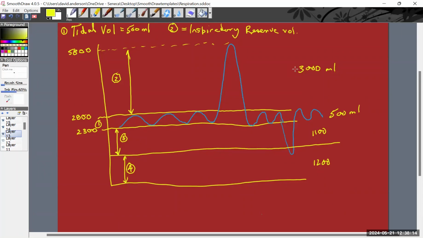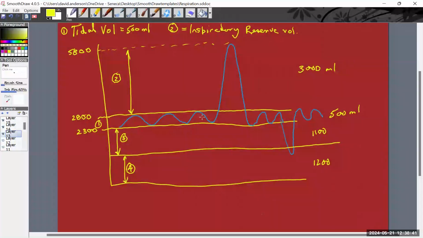But all I want you to understand at this point is if I was to ask you what the inspiratory reserve volume represented, it's the extra air you can breathe in when you work at it, when you try to breathe extra. So if we said we were breathing at 12 breaths per minute quietly, that's our tidal volume. That's our blue line that's squiggling away down here at about 500 mils in and out.